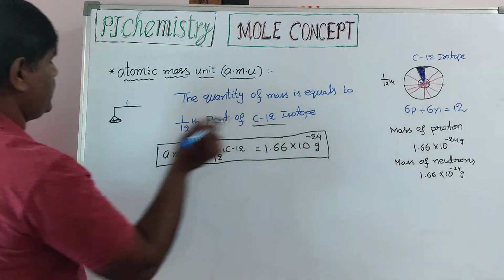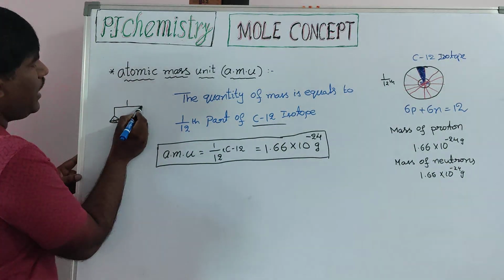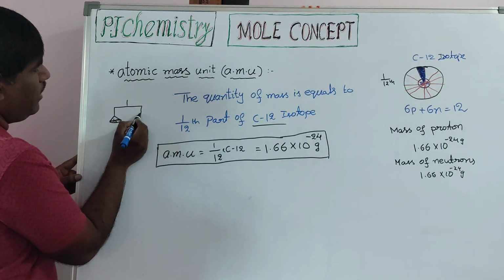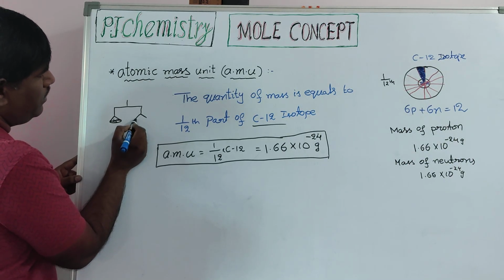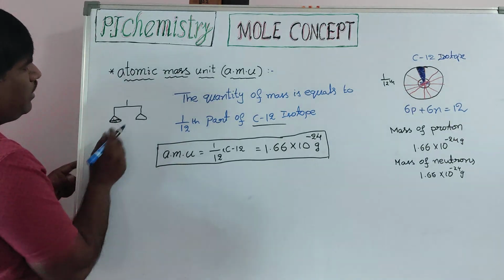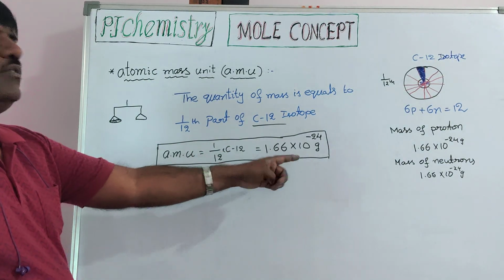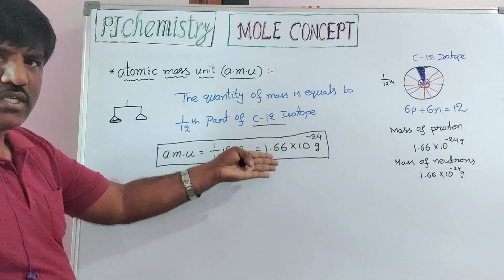This many grams. Other side we are weighing other elements' AMU, because 1 AMU is nothing but this much, 1 proton or neutron value, 1 unit.